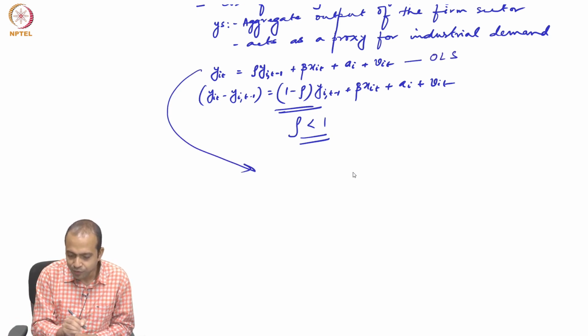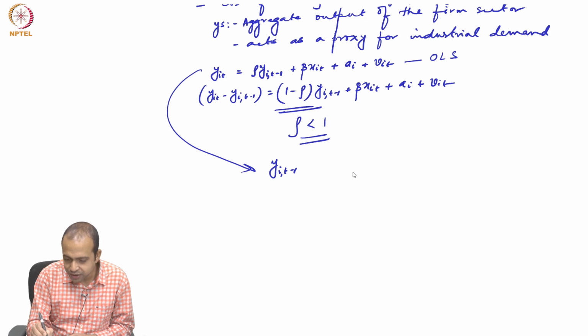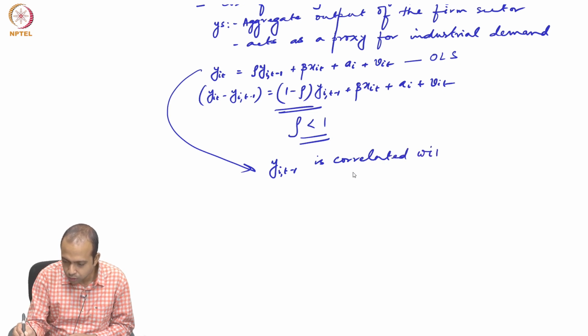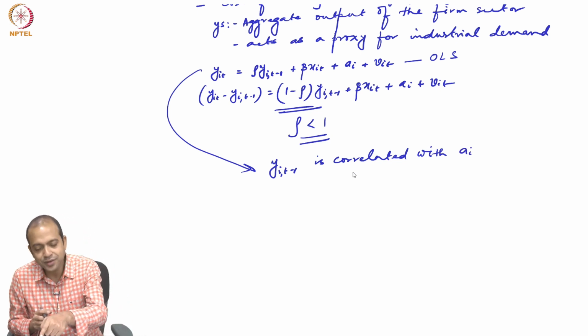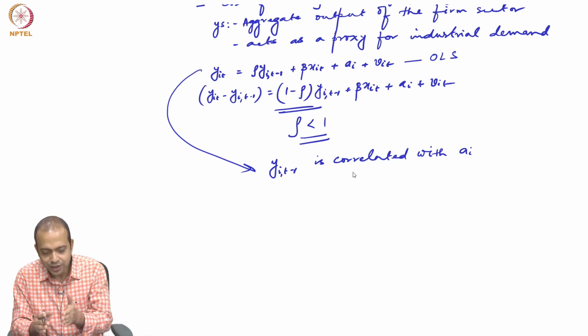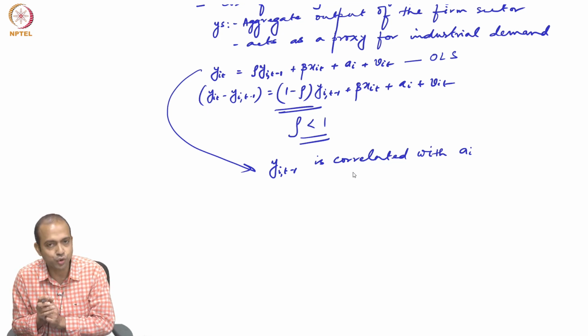My y_i,t-1 is actually correlated with a_i. If y_it is a function of a_i, then y_i,t-1 is also a function of a_i. That means y_i,t-1 is correlated with a_i, right.